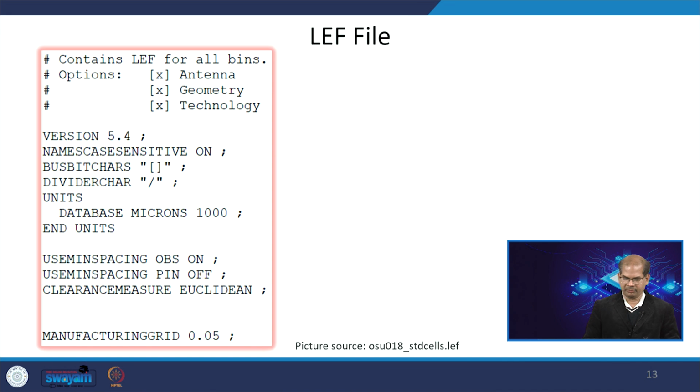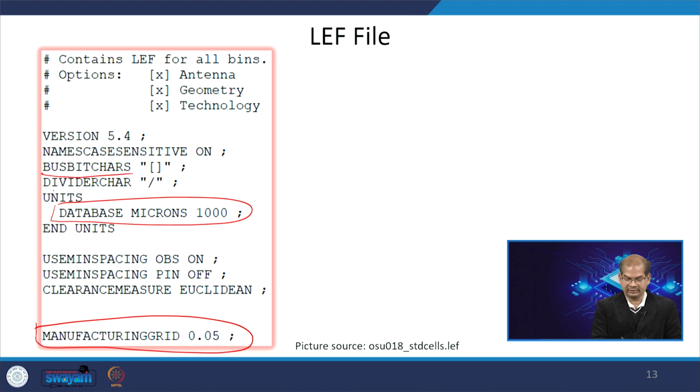It has some information like the manufacturing grid and the database unit information. The bus can be shown too, for example if you have 32-bit lines, how that can be extracted in the LEF or Verilog is provided here.